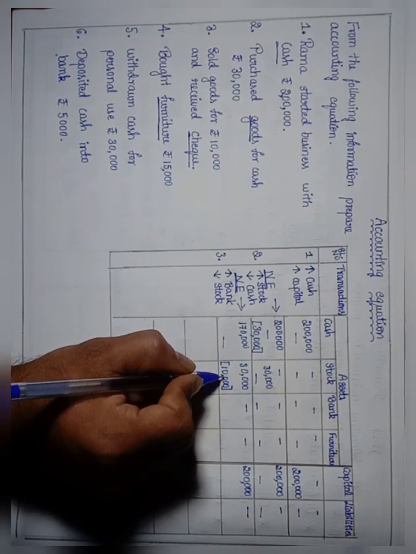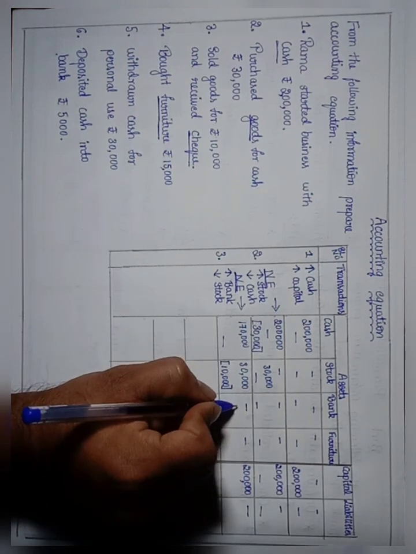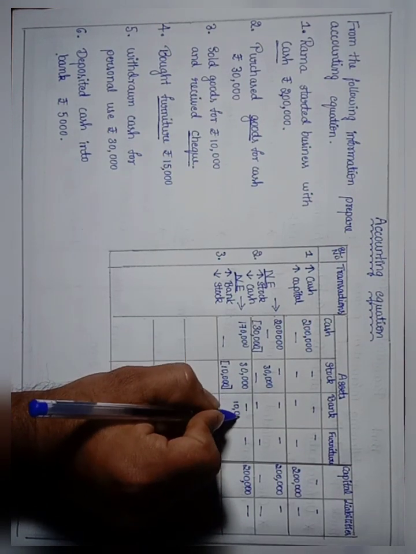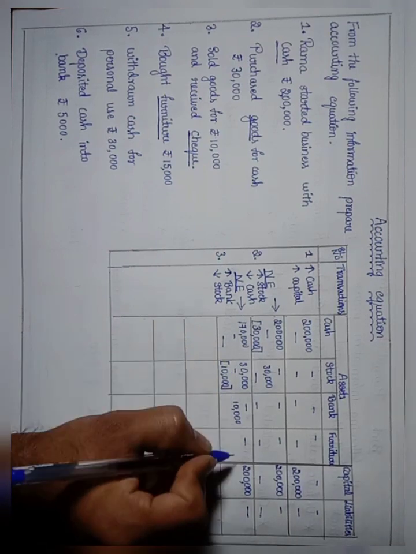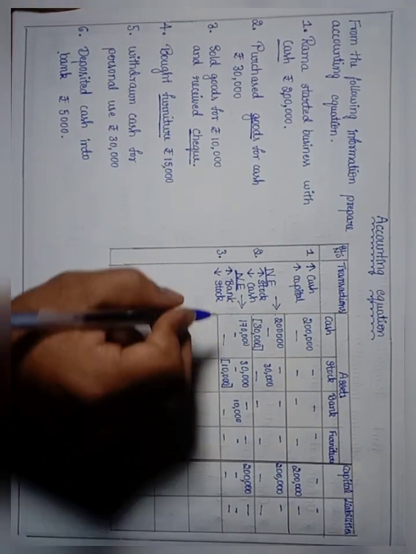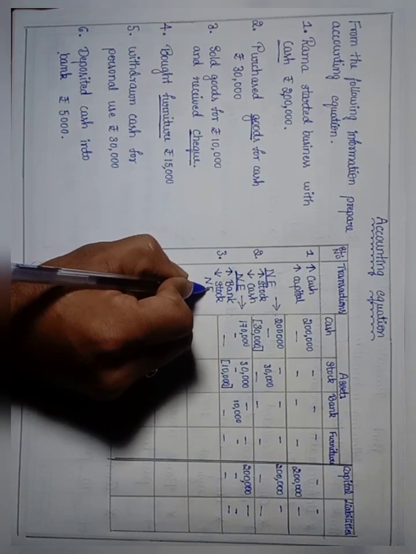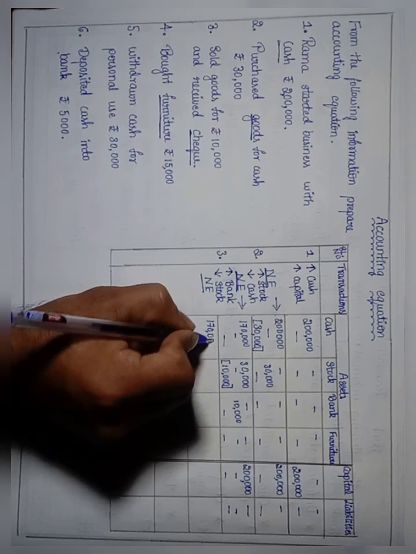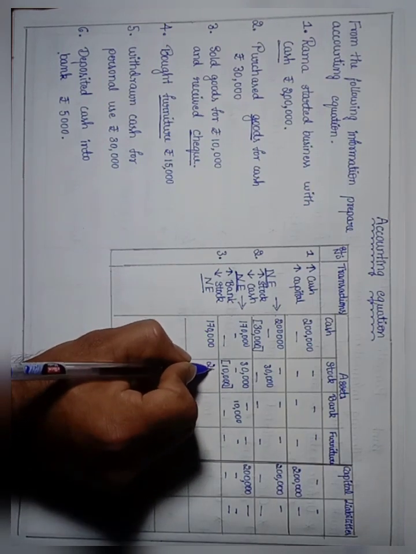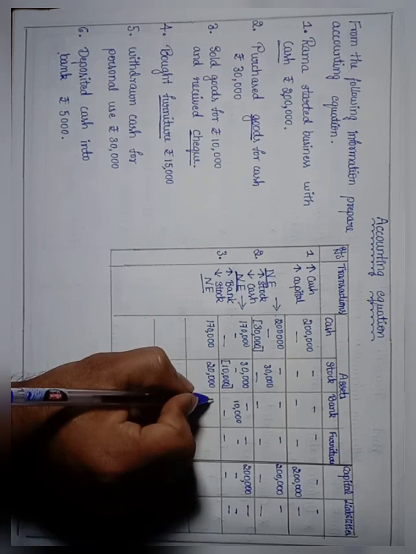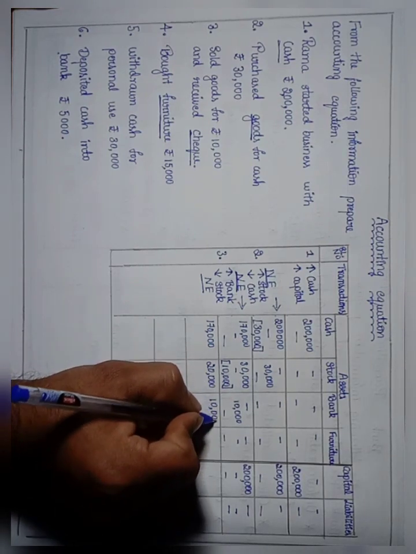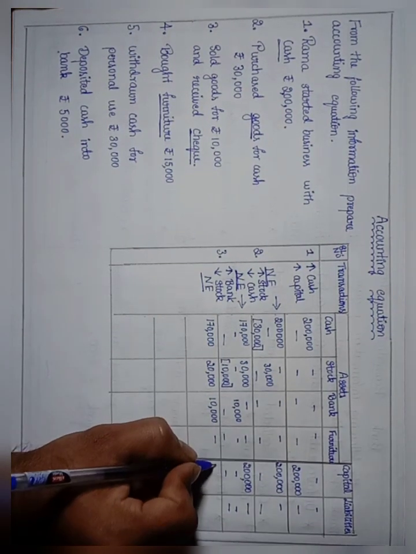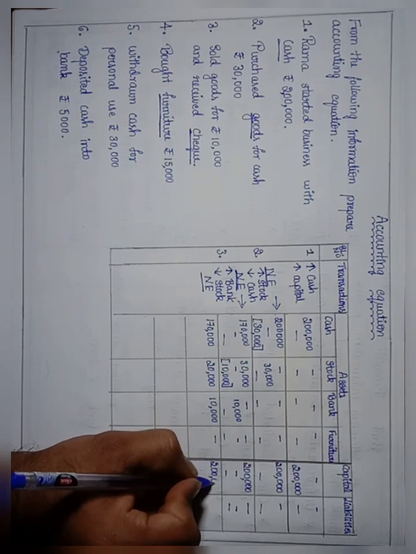Stock will decrease by 10,000, bank will increase by 10,000. Then after this transaction, we will be having 1,70,000 rupees worth of cash and 20,000 rupees worth of stock, 10,000 rupees bank, and we don't have any furniture, 2 lakh rupees capital, and we don't have any liability.